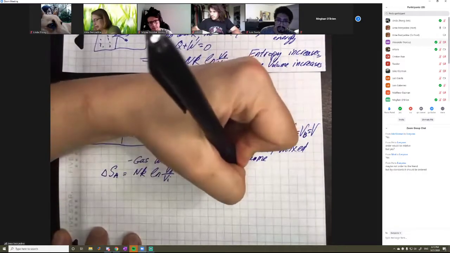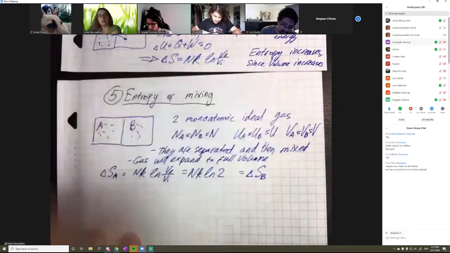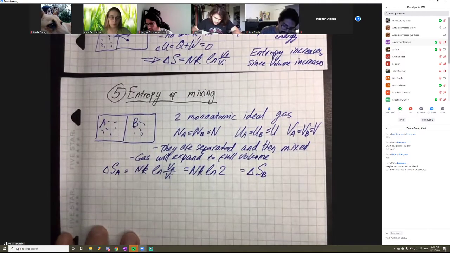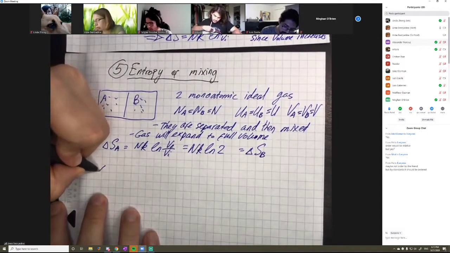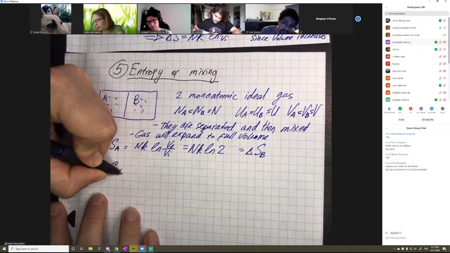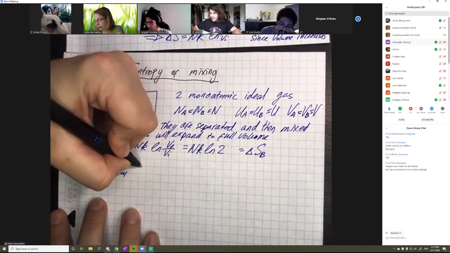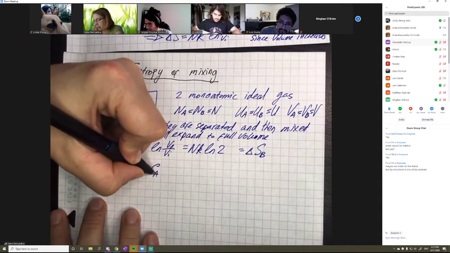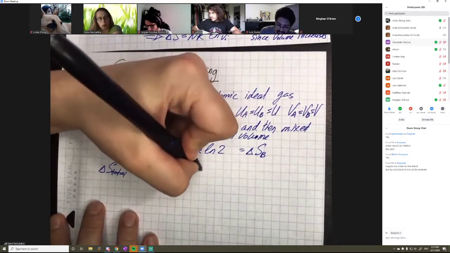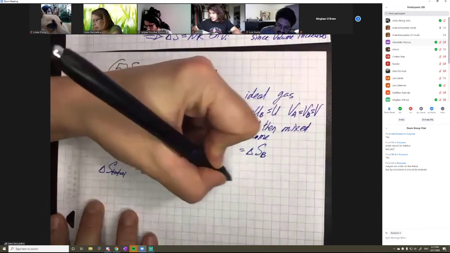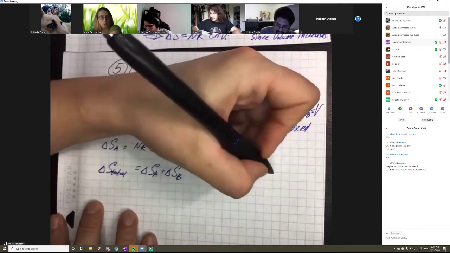It is the same, because for simplicity it's the same story. So the total change of entropy is equal to the change of entropy of A plus the change of entropy of B, which is equal to 2nk logarithm of 2.